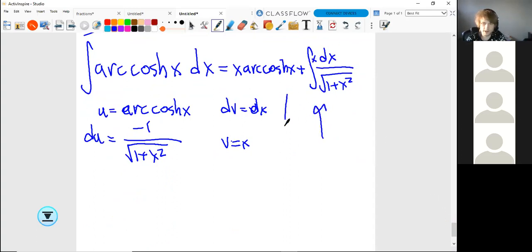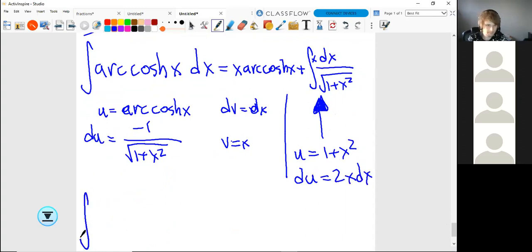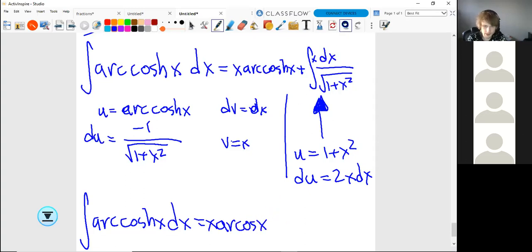All right, so what are we doing to this thing? Can you also do u substitution? Yep, the exact same u substitution. Oh, not cos, cosh. So this integral is going to be 1/2 the natural log of the square root of 1 plus x squared. No, that's not true at all.